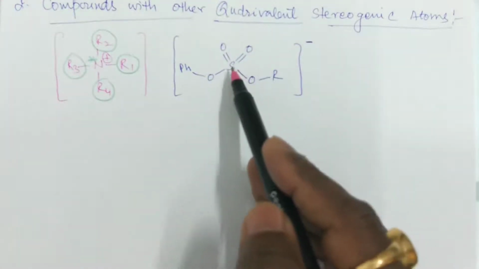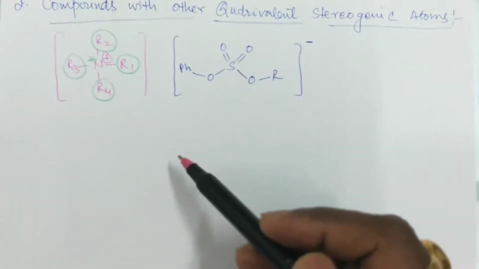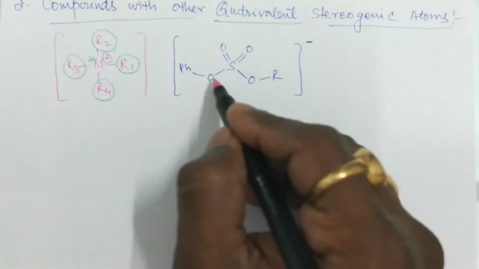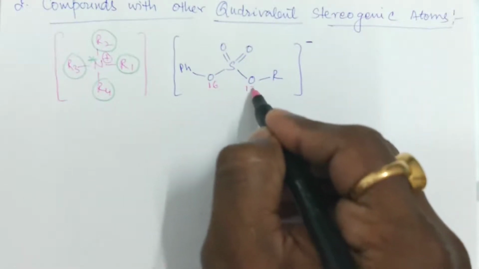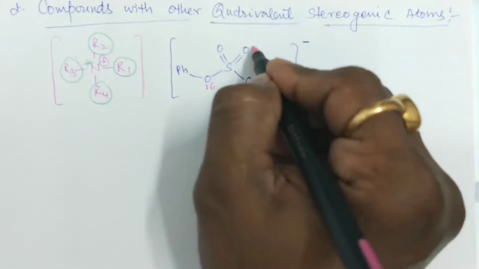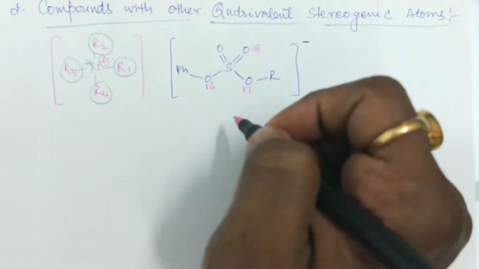No, sulfur is not stereogenic because all the oxygens are the same. But suppose this oxygen is isotope 16, this is 17, and this is 18.